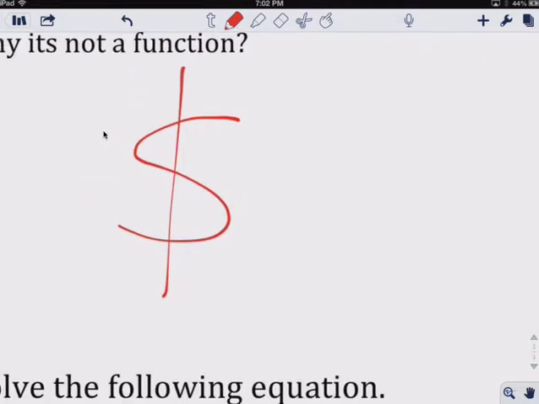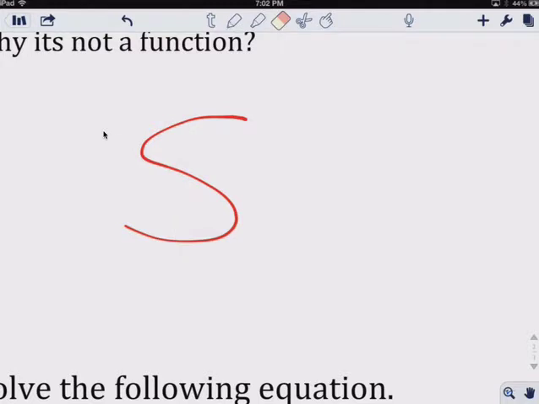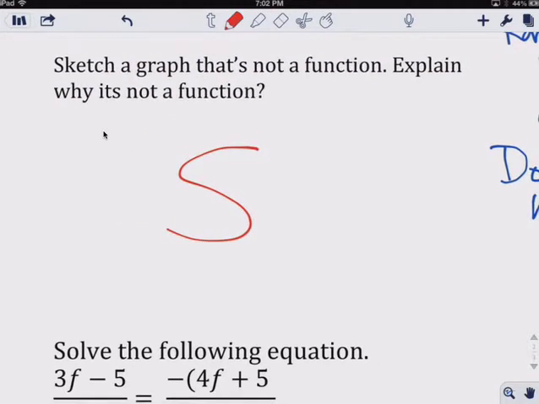Not a function because if you draw a vertical line, it passes the graph more than one time. Not a function, it says explain why.